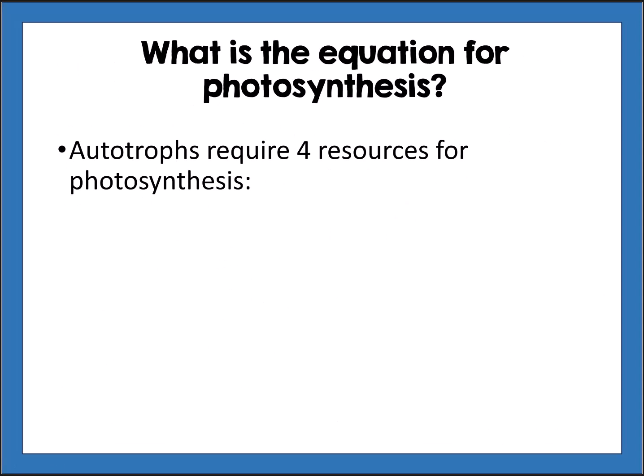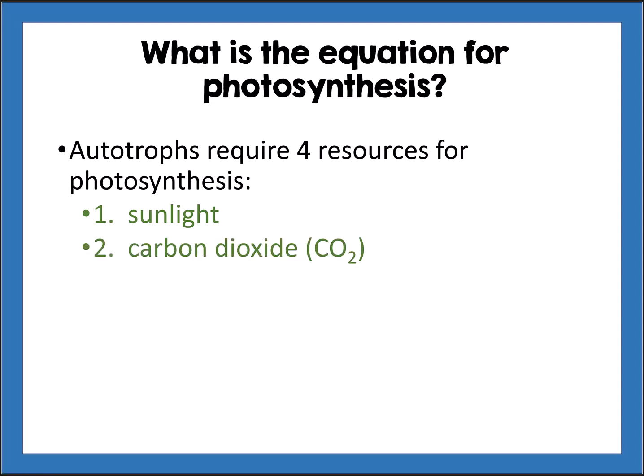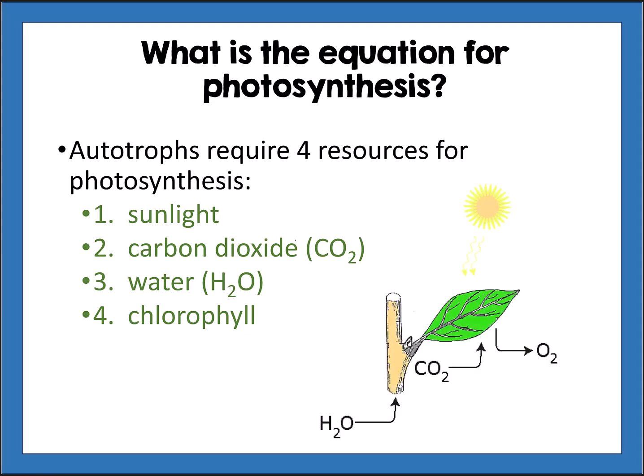So the overall equation for photosynthesis involves 4 inputs, 4 resources that autotrophs need to make this process occur. Sunlight, carbon dioxide, which we haven't talked about yet, but you might know that plants require carbon dioxide, water, of course you know that plants require water, and chlorophyll, which we have talked about so far.